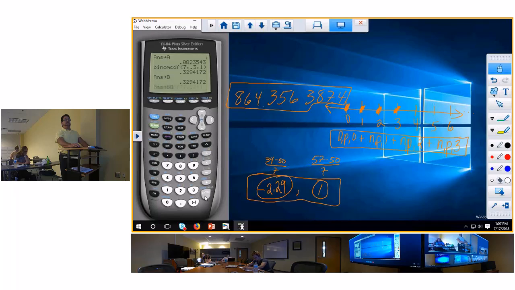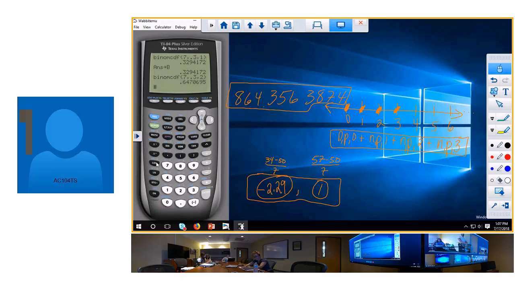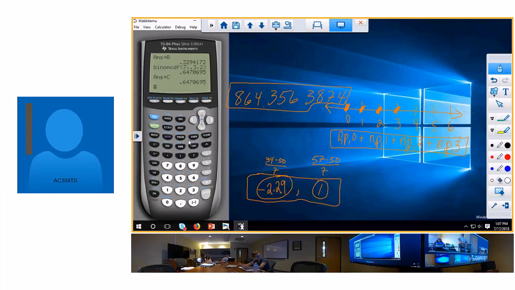And 2. And store. I'm looking for store. There we go. Store, alpha C. And then second, enter, second, enter, and 3.